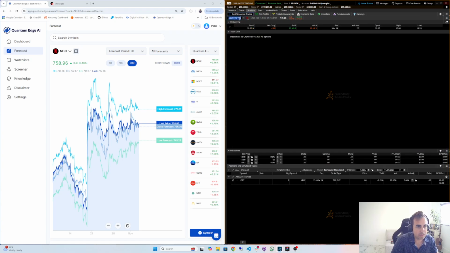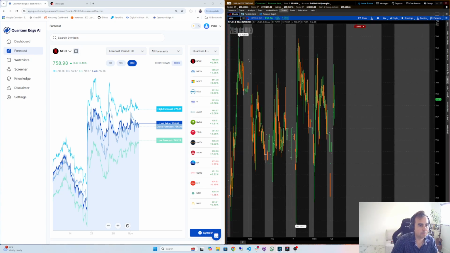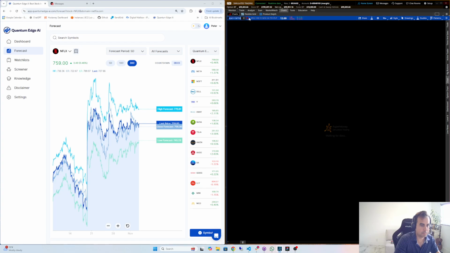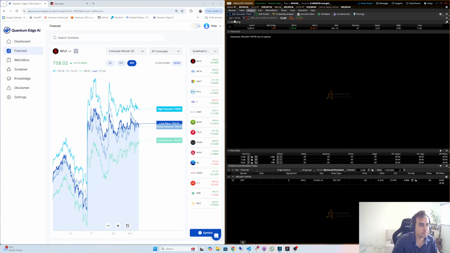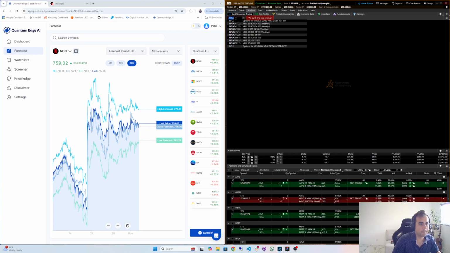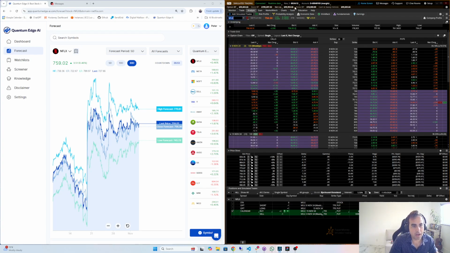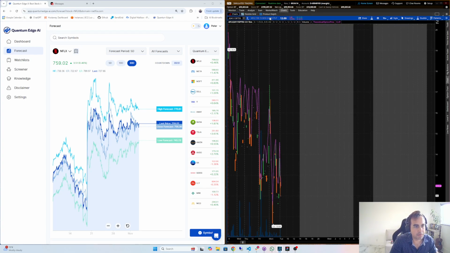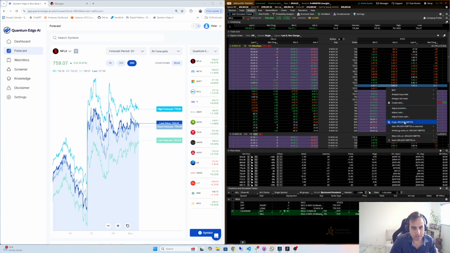And then we want to take that, remove the hotkey from there. And then we want to subtract the back month. So we have the 755 put here for the back week. And then we're going to look at the front week, the 755 put, and we're going to subtract this.